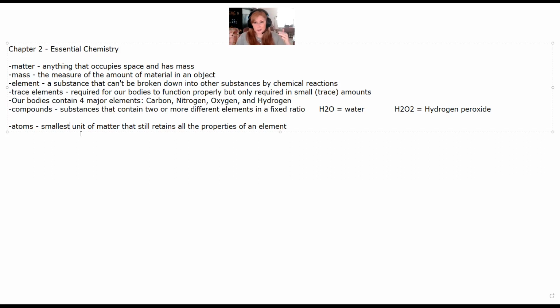Okay, so they're both atoms, they're both going to have the same subatomic particles, but they have different numbers of subatomic particles. And this is really important because those numbers of the subatomic particles, which are electrons, protons, and neutrons, those numbers are what make each element unique.